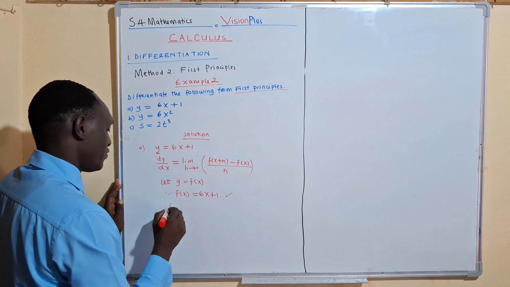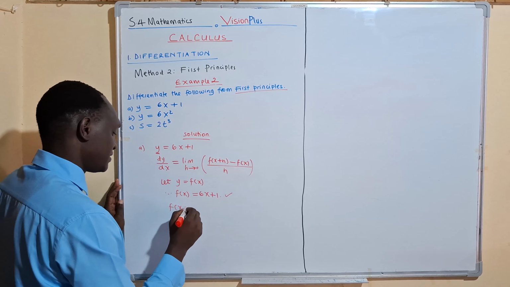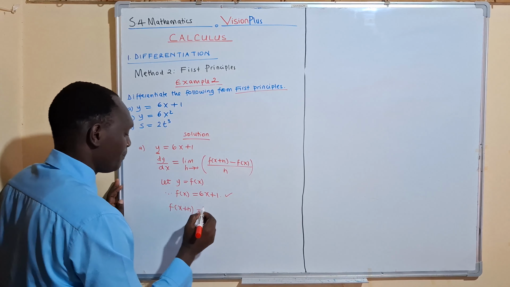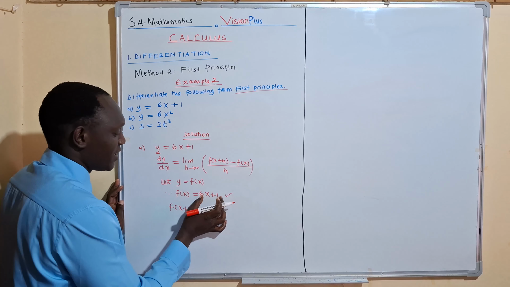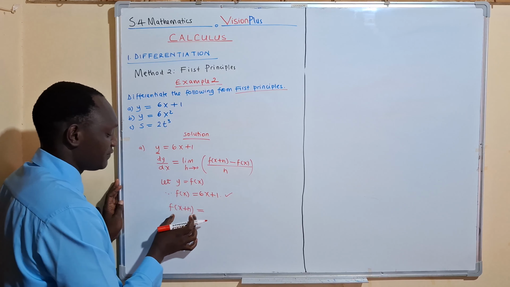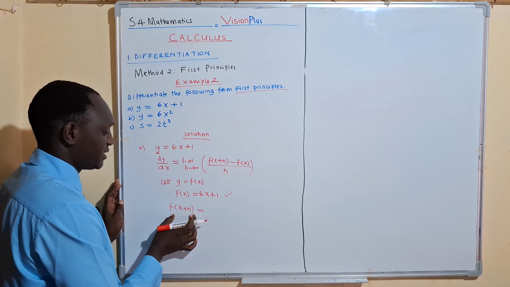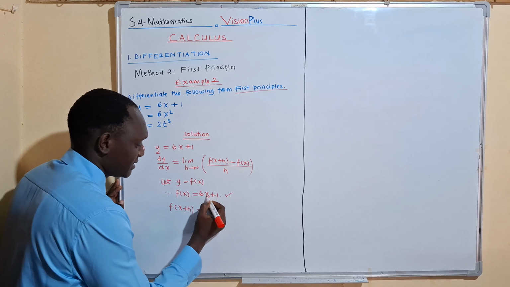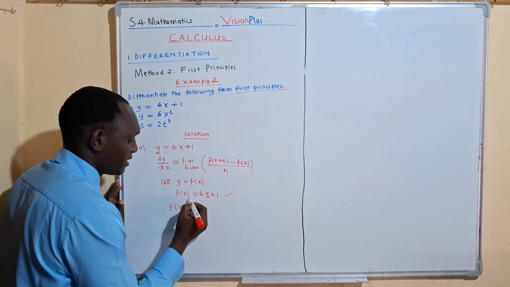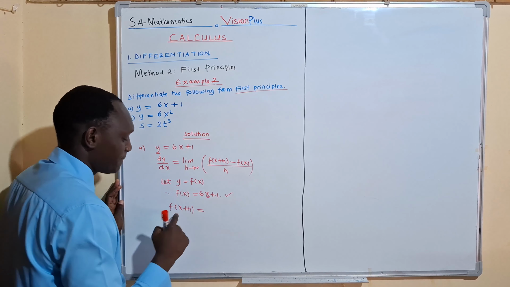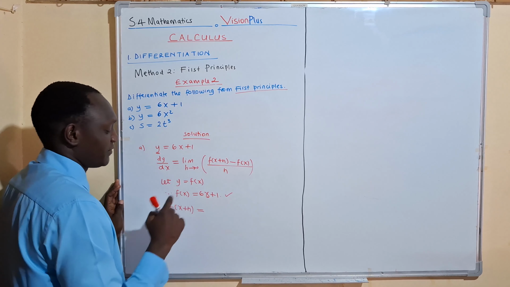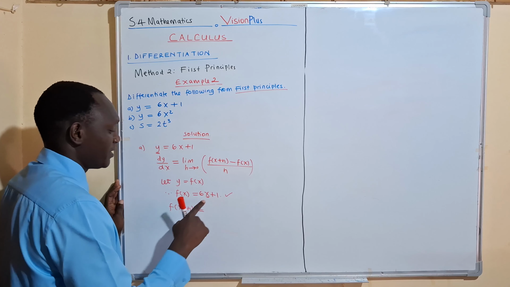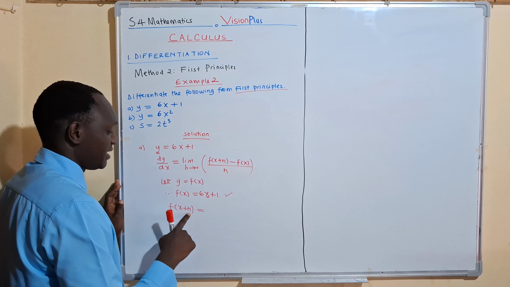So for f of x plus h equals, you simply use the function f of x to give you the function f of x plus h. What do you do? Where you find x in the function f of x, you use x plus h instead of x. You substitute for x as x plus h.